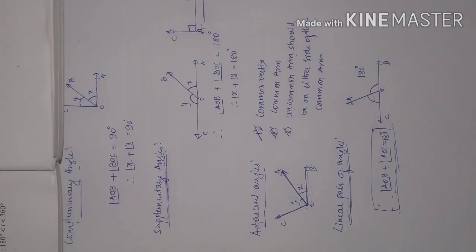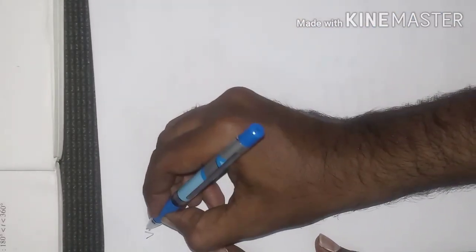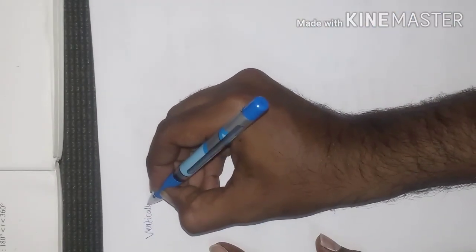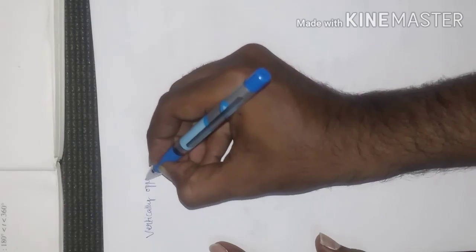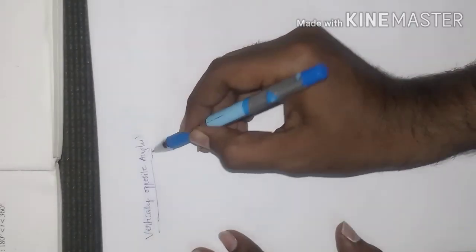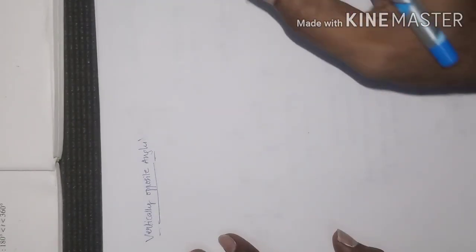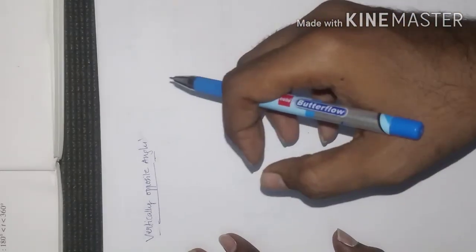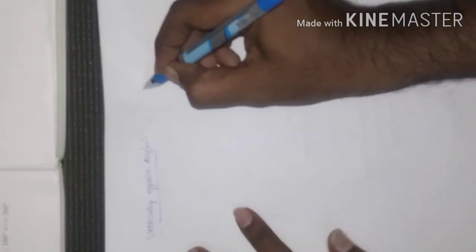Okay, we'll go for the next concept called vertically opposite angles. Simple concept it is. See, vertically opposite angles are those angles which are formed when two lines intersect each other.